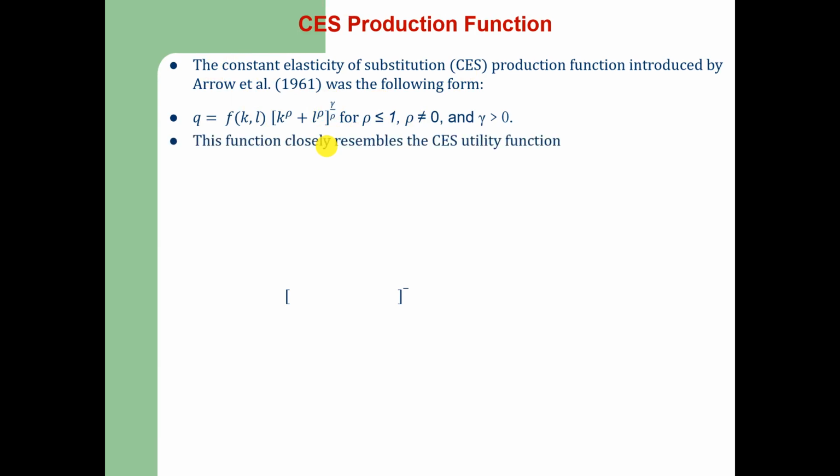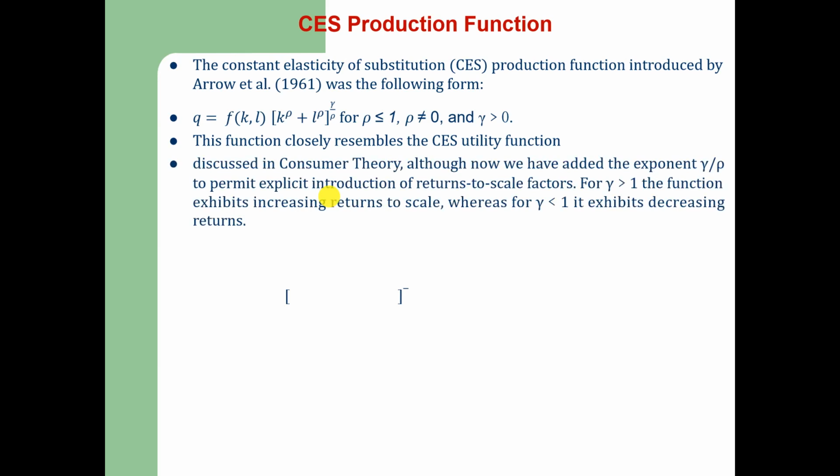This function closely resembles the constant elasticity of substitution utility function that I have discussed in greater detail in the previous videos on consumer economics or consumer theory. Although we have now added the exponent gamma upon rho, which permits explicit introduction of returns to scale, as I mentioned earlier.